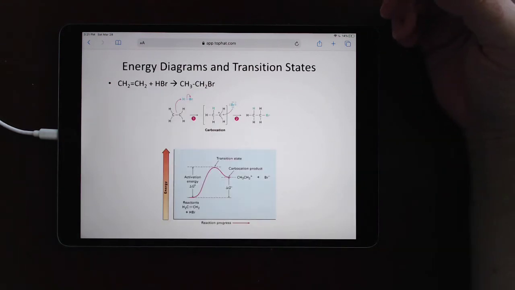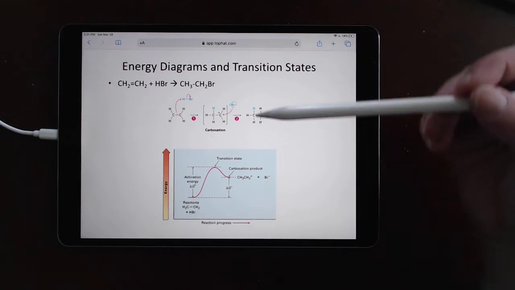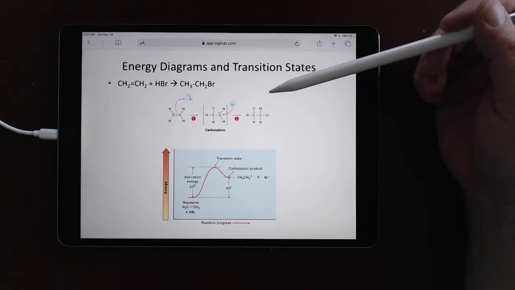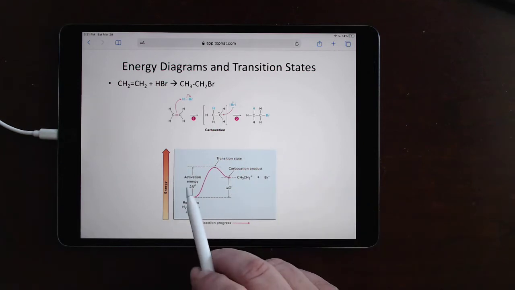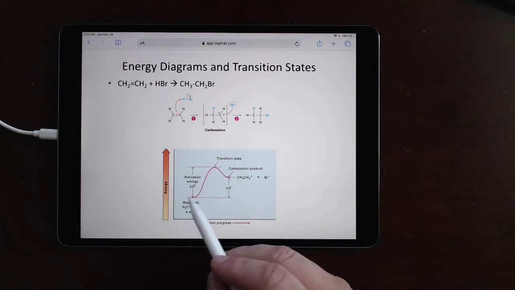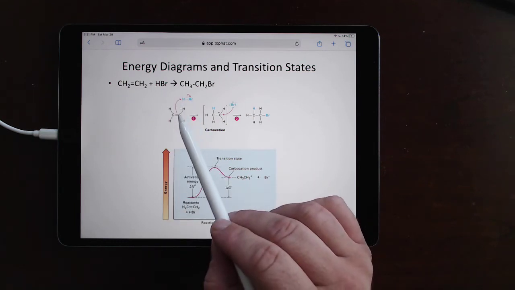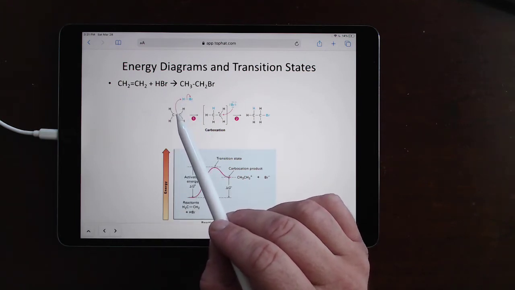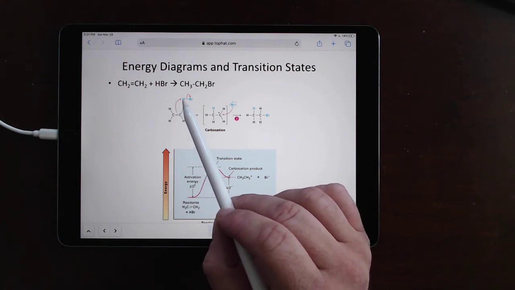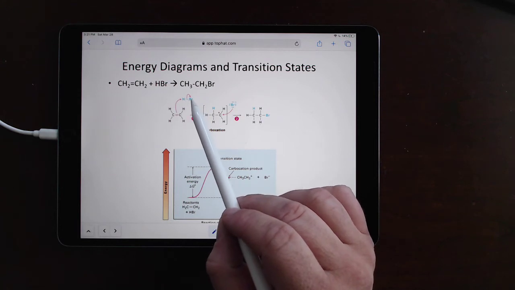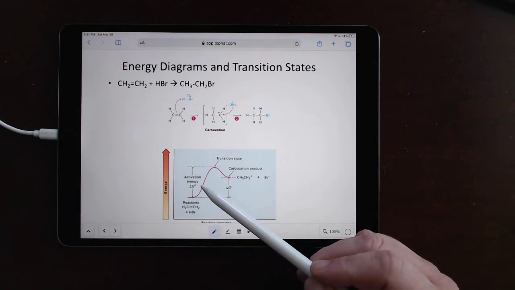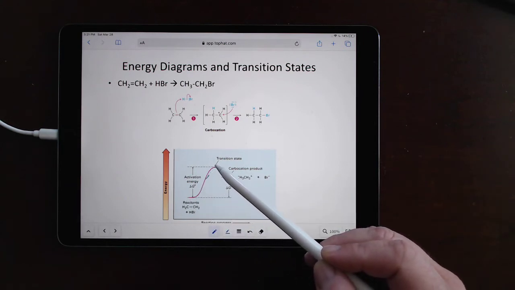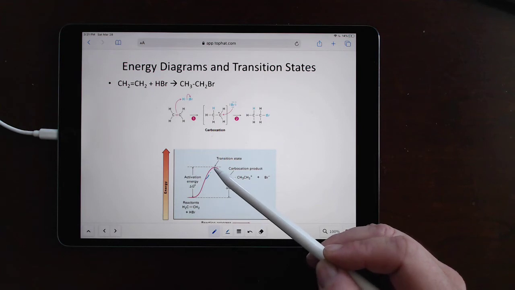We can use what are called energy diagrams and transition states to visualize what's going on. You start off with your reactants here at some arbitrary energy. The first thing we have to do is break this carbon-carbon bond, as well as the bromine bond. We get a little energy back as we add the hydrogen, but as we're breaking these bonds, it's going to cost us energy.